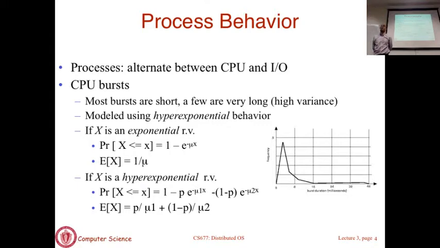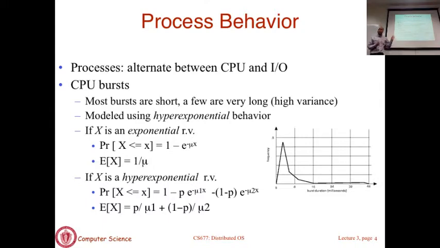So if you look at how jobs actually execute on the CPU, you will see that CPU bursts have what is called a hyper-exponential distribution. You don't need to go into details of what a hyper-exponential distribution is. It essentially says that most CPU bursts are short and a few are very long. This kind of distribution also has what are called heavy-tailed properties, where the tail of the distribution says that some jobs are really very compute intensive and many jobs are going to have very short bursts.